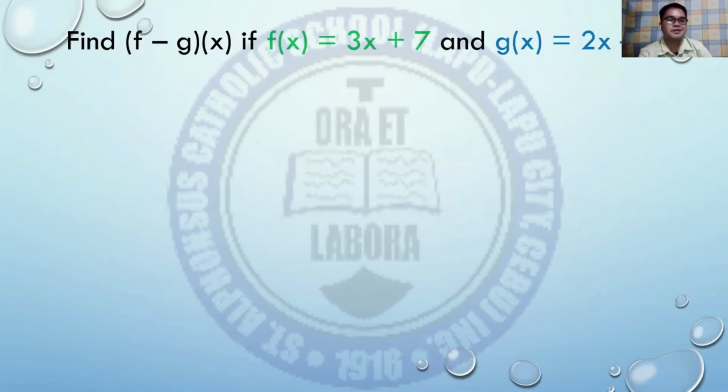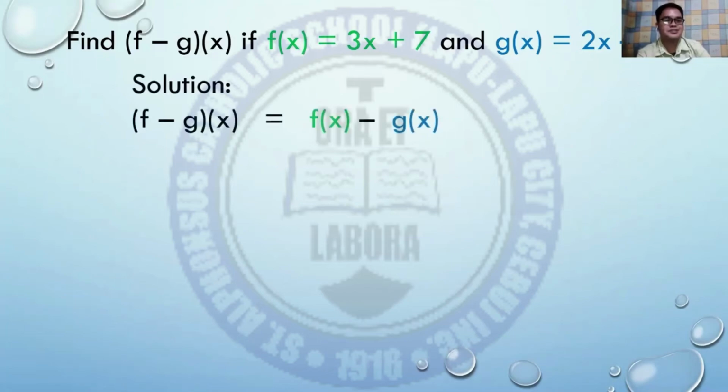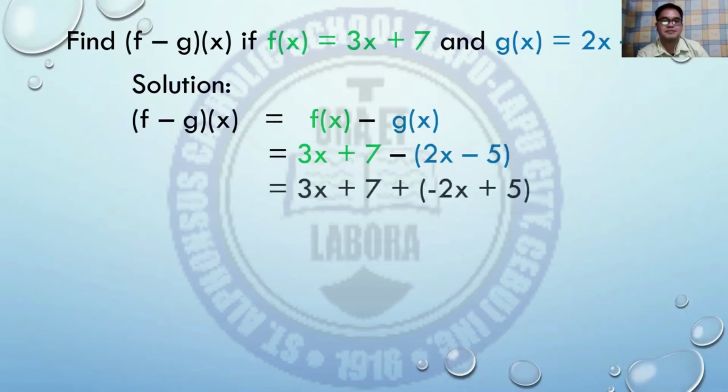Now, we have this one. Find the difference of the two functions. Solution: f minus g of x equals f of x minus g of x. Okay, substitute the equivalent functions. We have 3x plus 7 minus the quantity 2x minus 5.